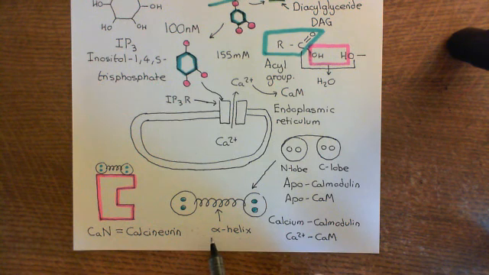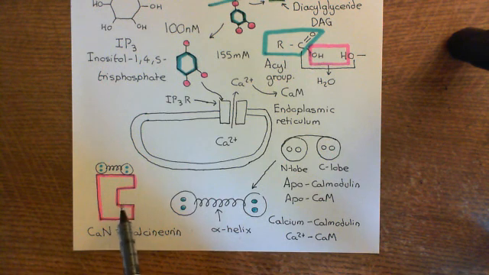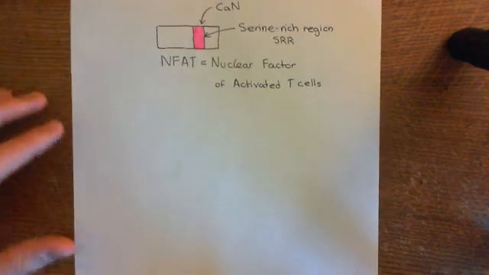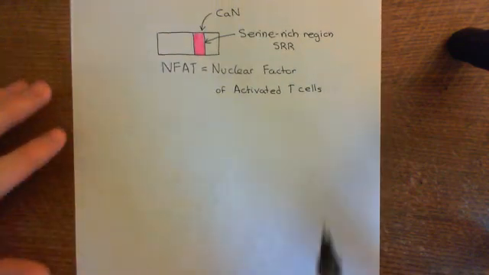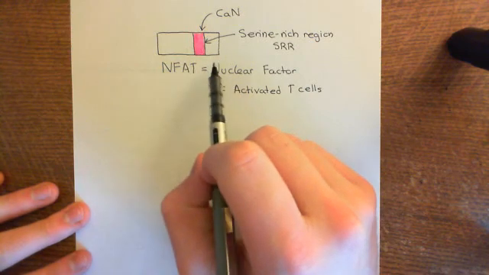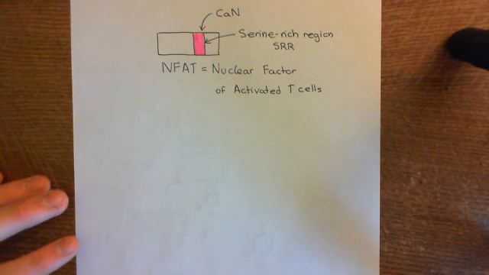calmodulin complexes. Calcium calmodulin complexes will then bind to an enzyme in the cytoplasm of the cell known as calcineurin, or CAN for short, and calcineurin is then what's known as a serine-threonine phosphatase, and it removes phosphate groups from the serine-rich region of the NFAT transcription factor, which stands for the nuclear factor of activated T cells.